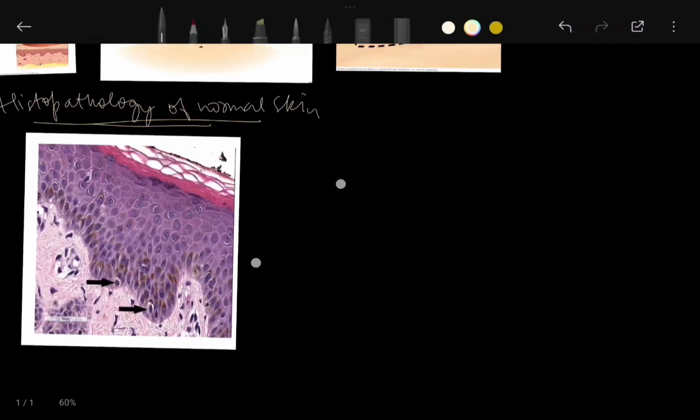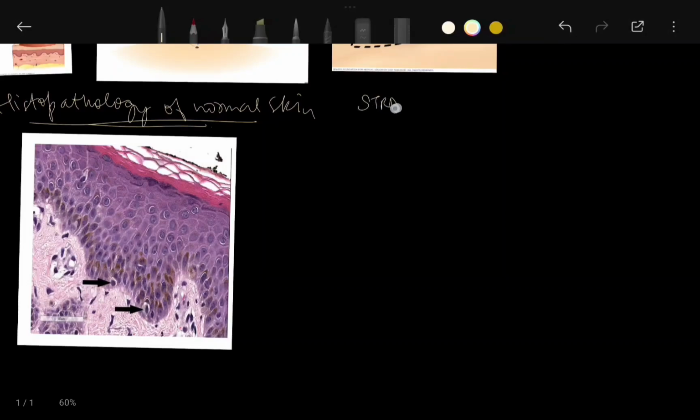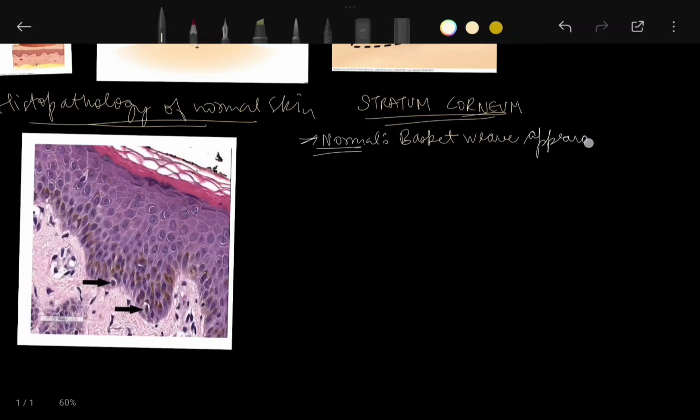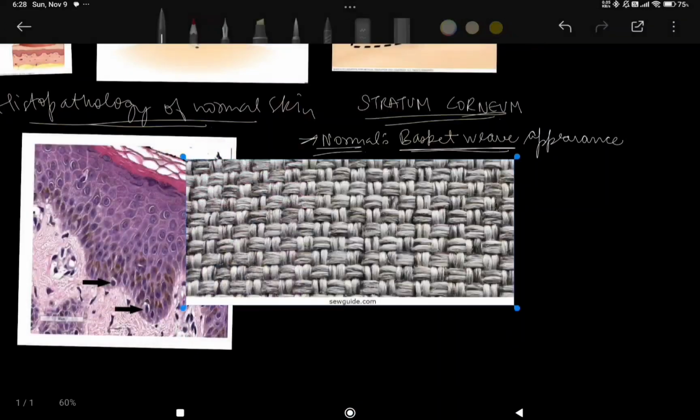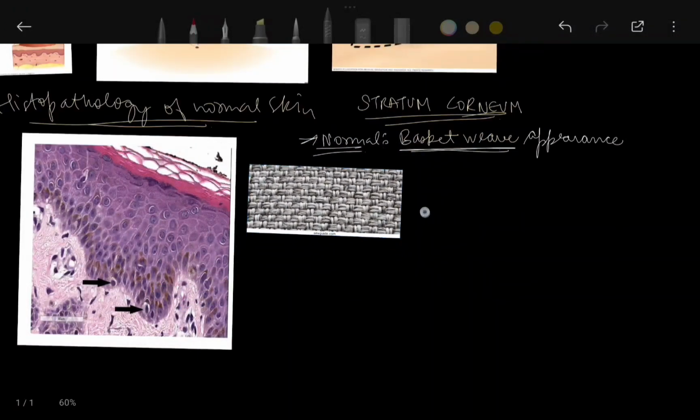Coming to the first layer of the skin, that is the stratum corneum. Normally there is a basket weave appearance. Now, how is the normal stratum corneum? It is like this. That is the basket weave appearance.